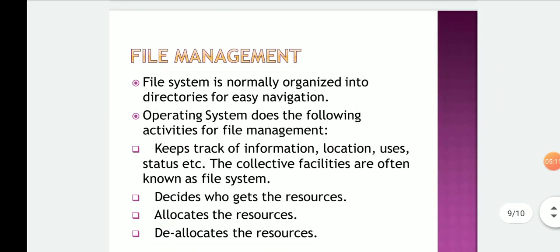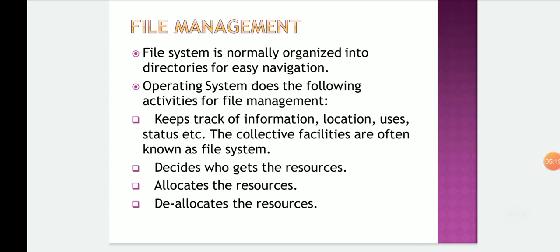Next one is file management. The file system is normally organized into directories for easy navigation. In a library, books are piled in many sections. For example, if you need a book on operating systems, there will be a section for operating systems.